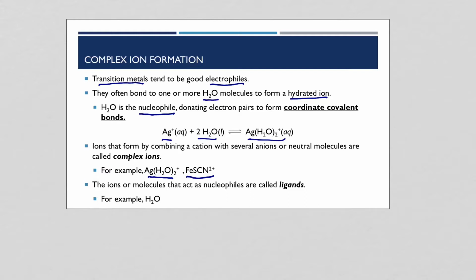We can also have ammonia and many others that fall into this group that we, as a class, call ligands, right? These are ions or molecules that can act as nucleophiles and bond to these metal centers. So water is one example, and we'll see other examples as we go through some different examples.